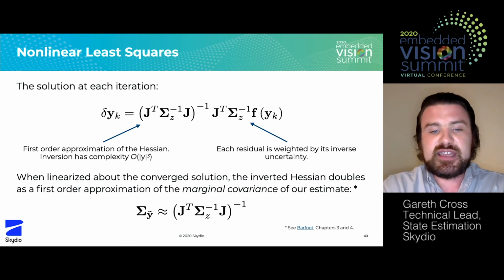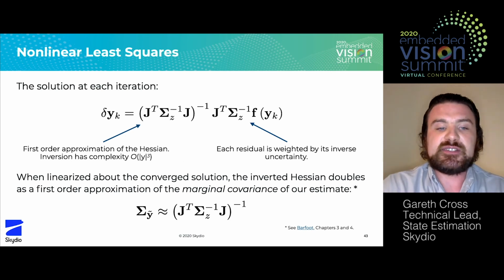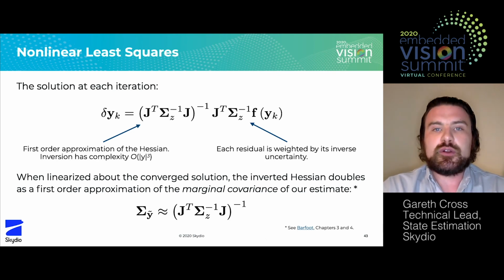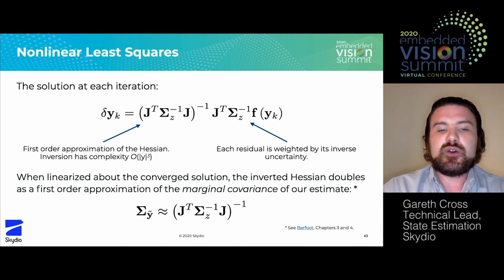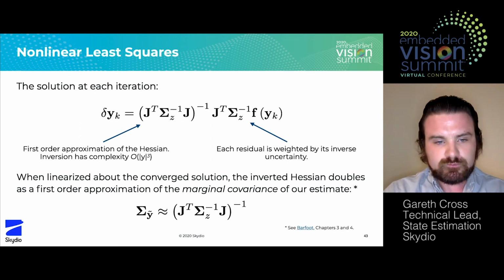The other thing to know is that each residual in this update step is being weighted by the inverse of the uncertainty. So those uncertainties are effectively hyperparameters that we can adjust in order to adjust the relative weighting between different measurements or different sensors. Those measurement uncertainties give us a tool for trading off between different sensors if you have a system with many different sensors.